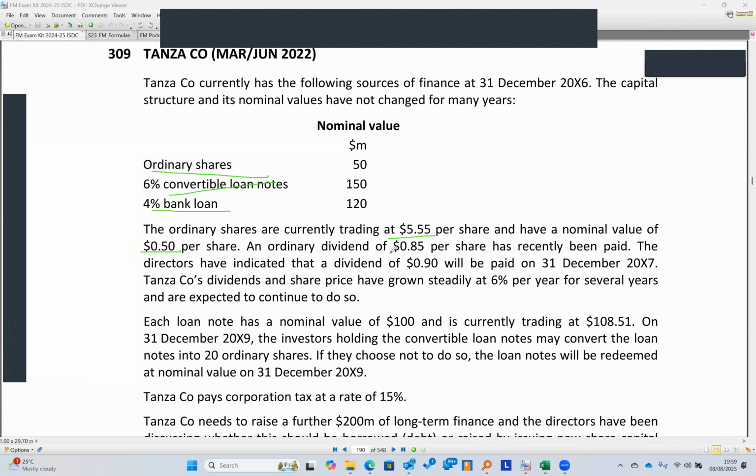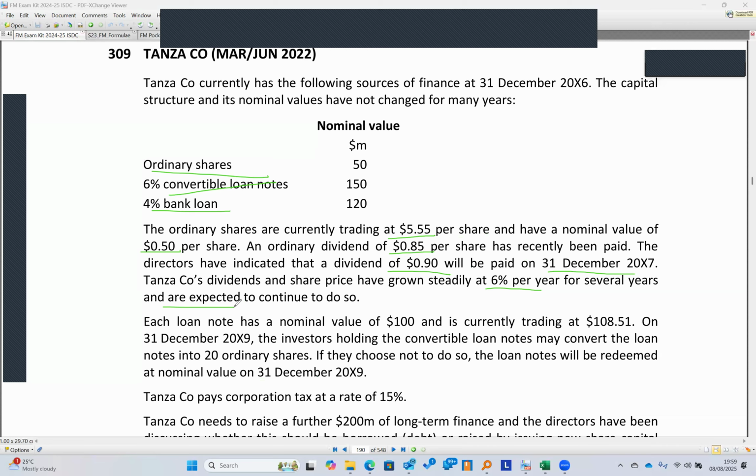An ordinary dividend of 0.85 per share has recently been paid. The directors have indicated that a dividend of 0.9 will be paid on 31st December 2007. The dividends and share price have grown steadily at 6% per year for several years, and they are continuing to do so.